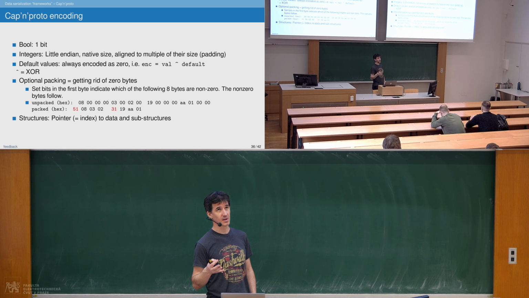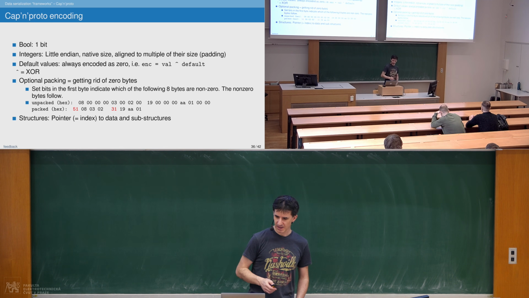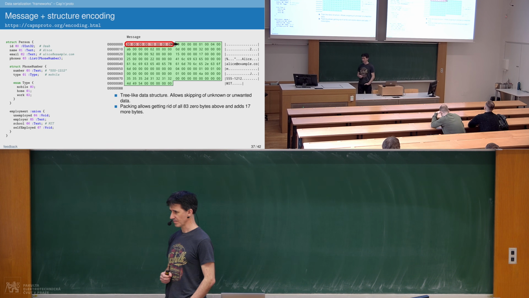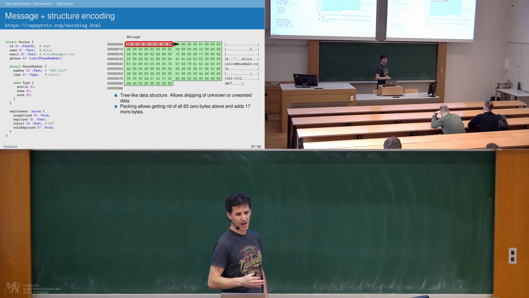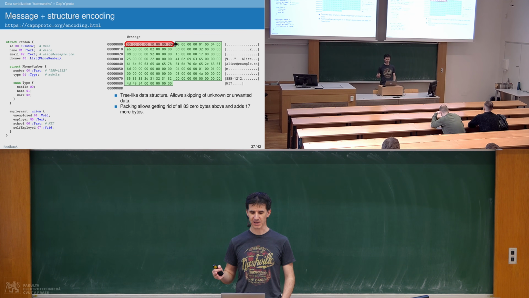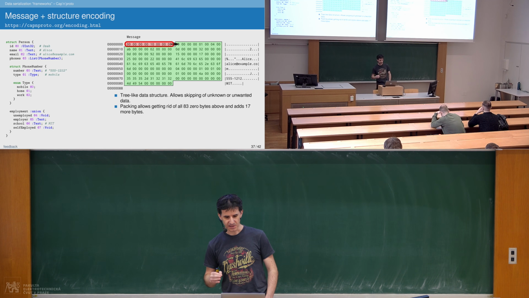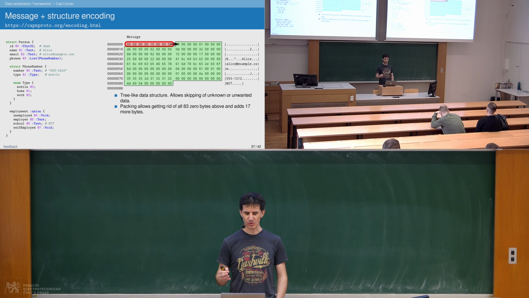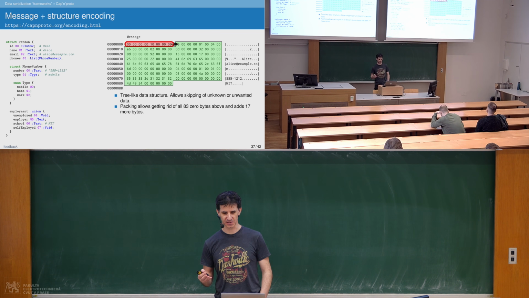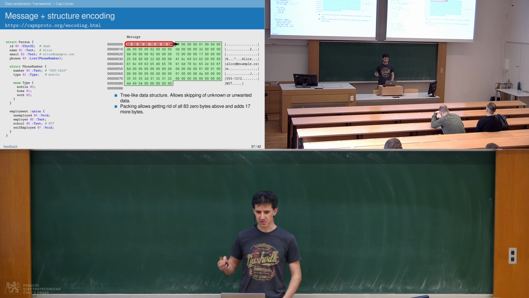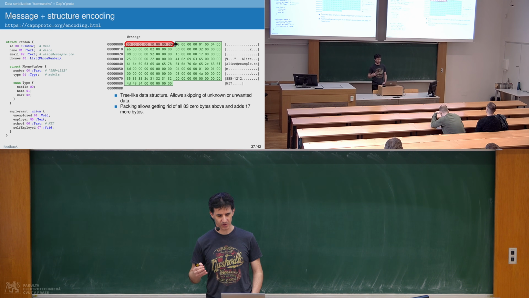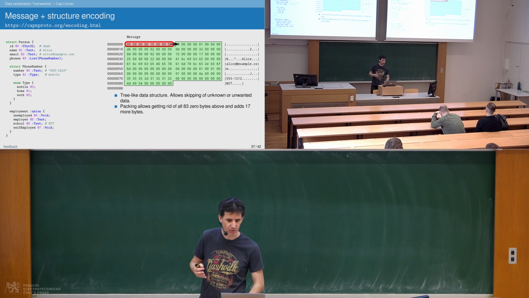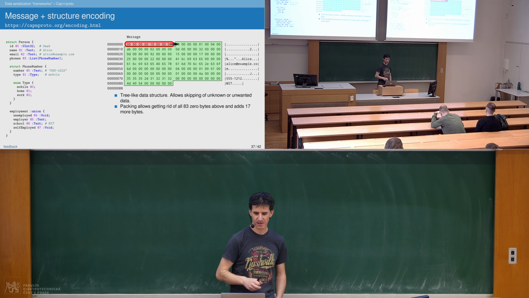They are basically offsets in the data structure, and it defines where the data structure is, where the individual fields are, and it also allows you to always skip the data if you are not interested in them. If you don't know, for example, the type, you can just skip it. You don't have to decode everything.